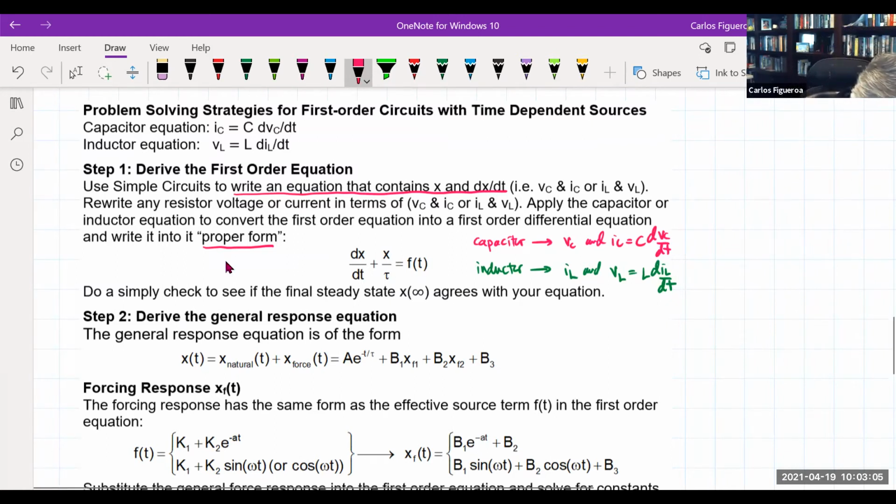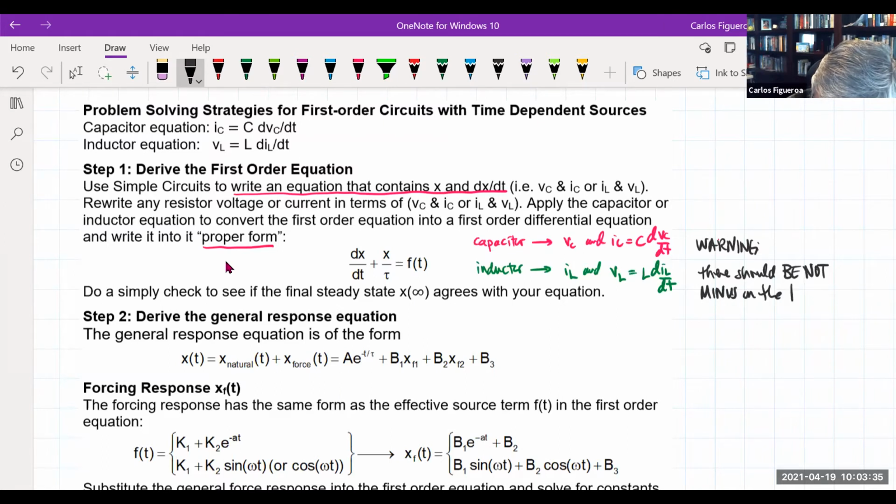And here's a word of warning that's not in here. I'm going to write warning right here. There should be no minus sign on the left hand side of the first order equation.